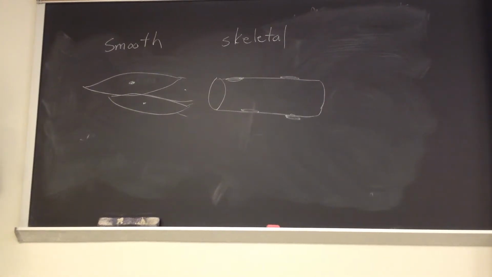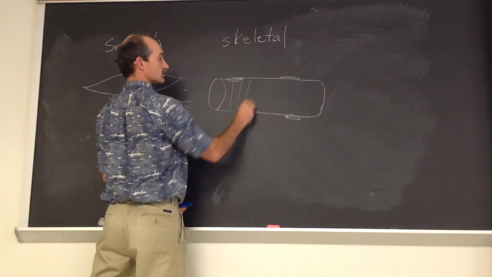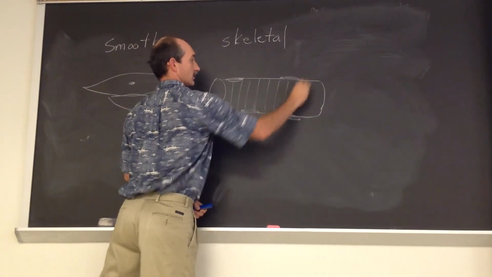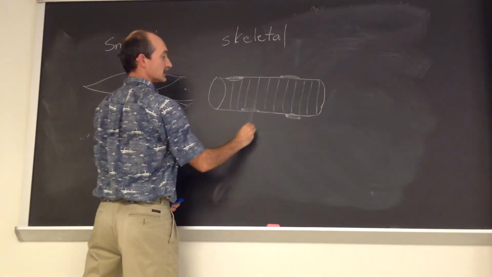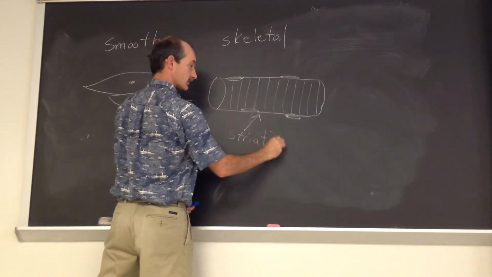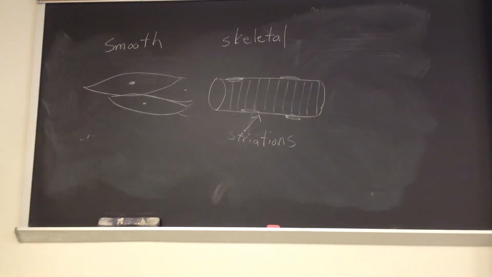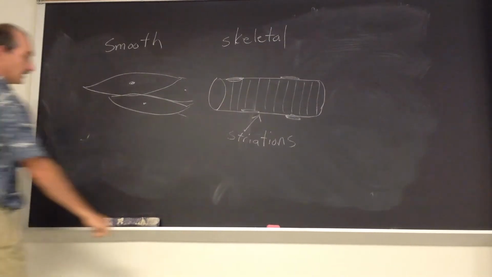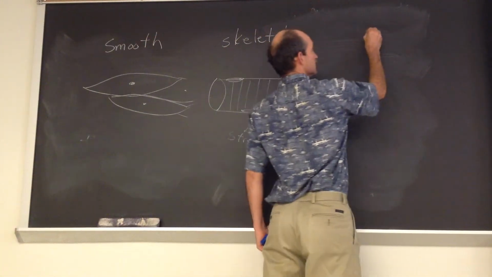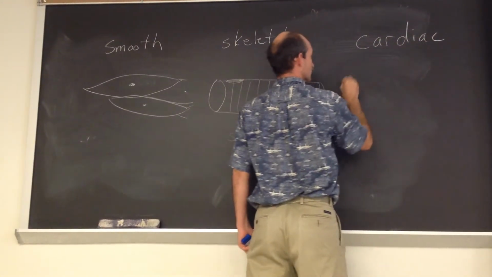That's the 3rd unit of the course, the 3rd test. And unlike the previous ones, they have these bands called striations. So it doesn't look smooth, it has a very striped appearance to the texture. And we'll see a picture of that in just a moment. Our final kind of muscle tissue is cardiac.